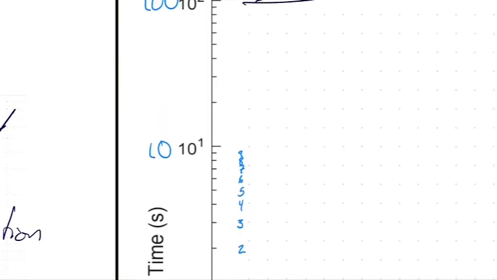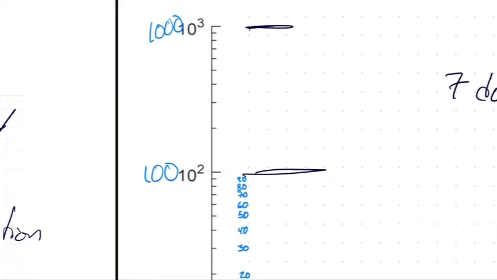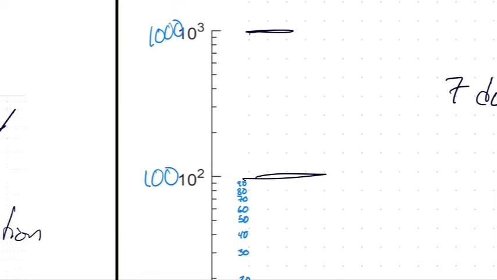Our last major division was 10, so now we're going to count by tens. 20, 30, 40, 50. Out to 100. When we're at hundreds, we'll count by hundreds. And onwards.